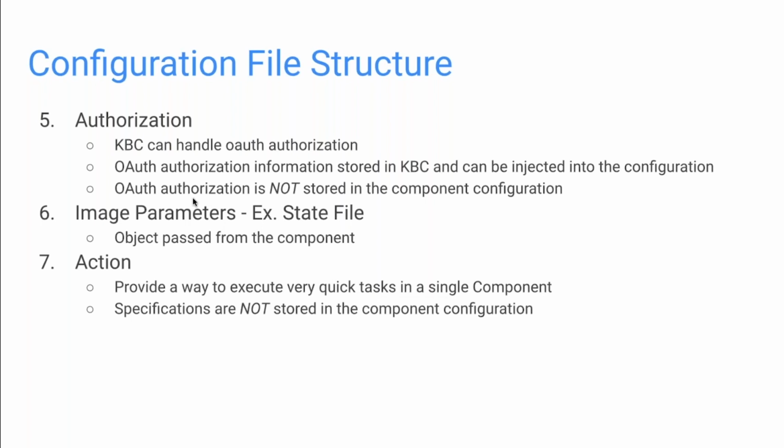So to emphasize this, the OAuth authorization is not stored in the component configuration, but it is injected into the configuration every time it spins up. Number 6, image parameters. An example will be the state file. It's basically an object passed from the component. Number 7, action. It provides a way to execute very quick tasks in a single component. Specifications are not stored in the component configuration as well.